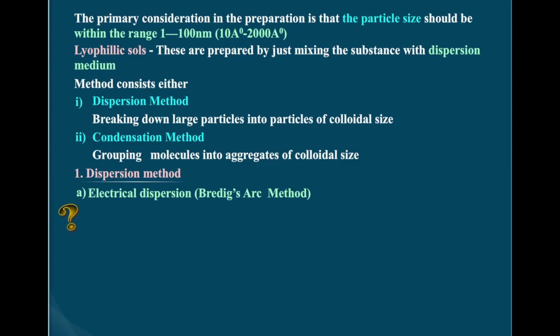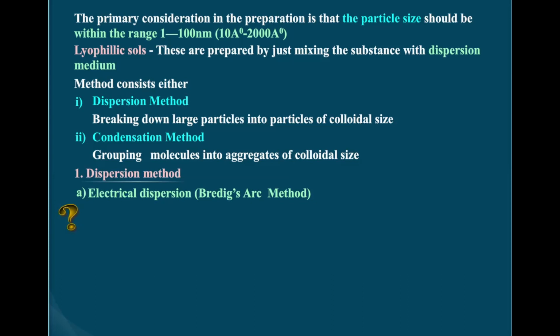The dispersion method given in a textbook is electrical dispersion or electrical disintegration, or Bredig's arc method. What is this process? This process involves dispersion as well as condensation. Both are there. Colloidal sols of metals such as gold, silver, platinum, etc. can be prepared by this method.